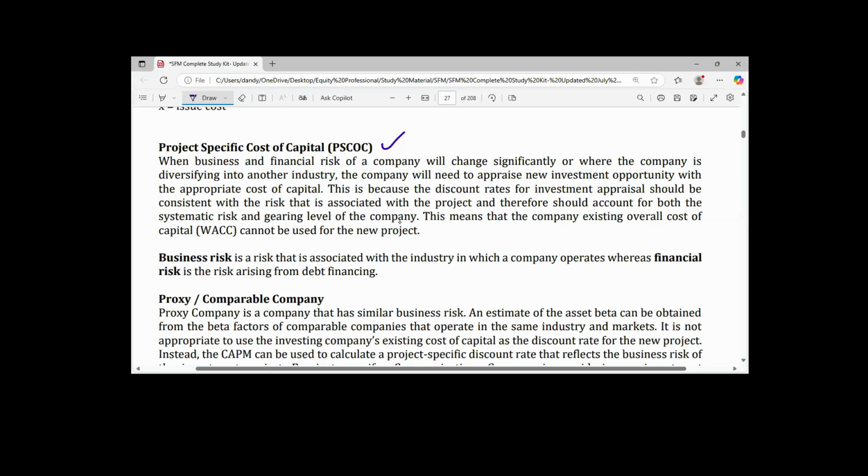Say, for example, Equity Professional is into education business. Okay, that means Equity Professional operates in the education industry.